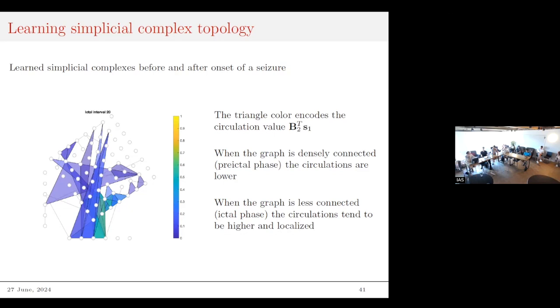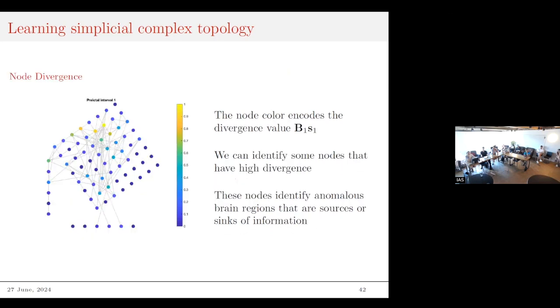The last result is on the node divergence. The node divergence encodes if there are nodes that are sinks or sources. It means that in some nodes there is a loss of information or information is injected into the nodes.